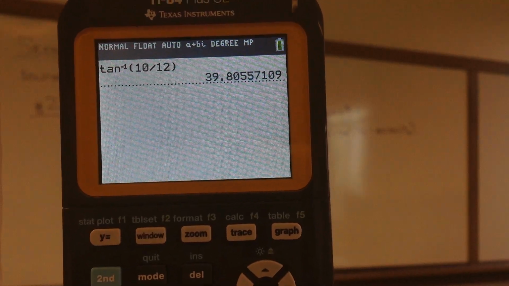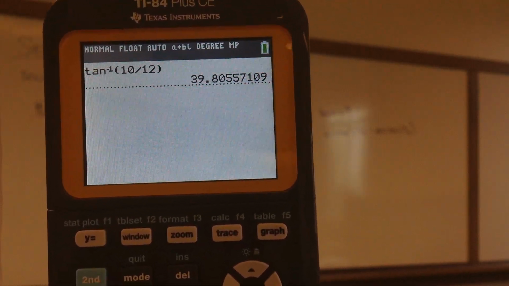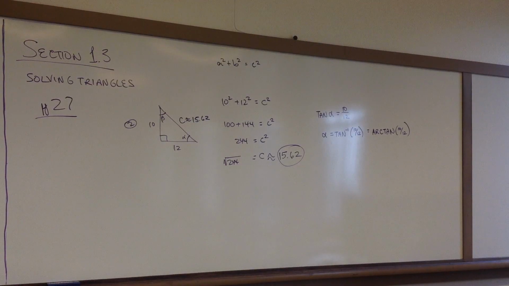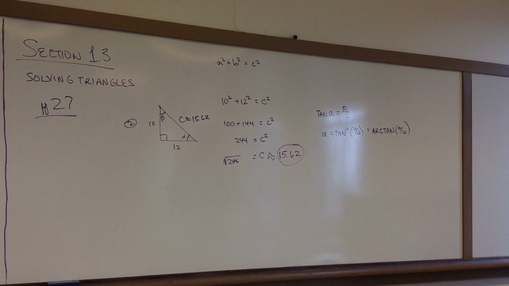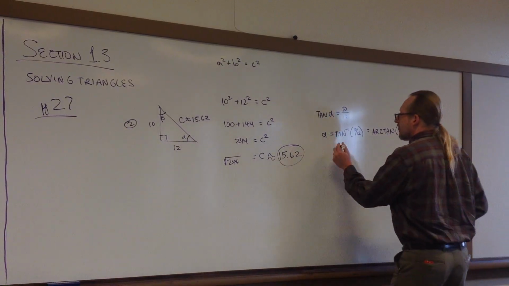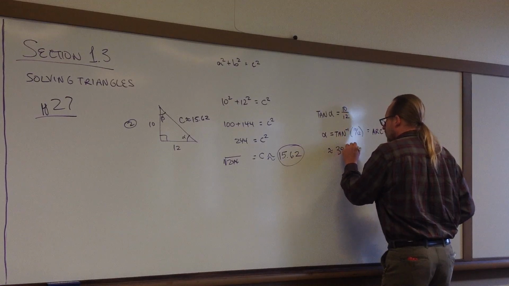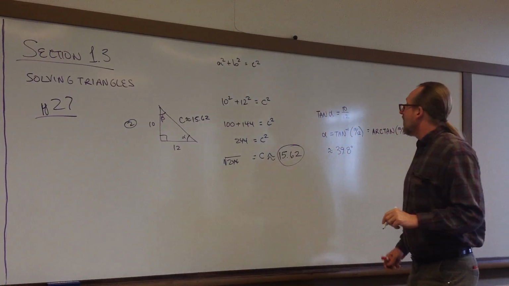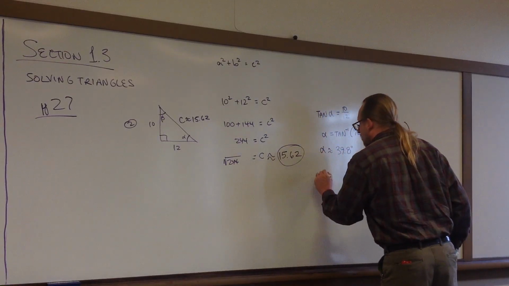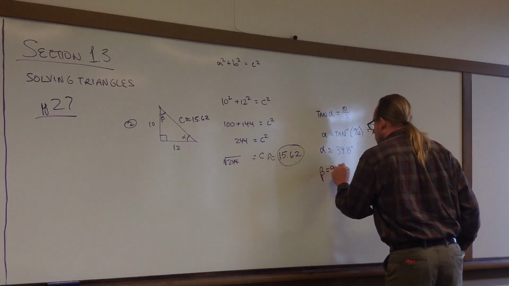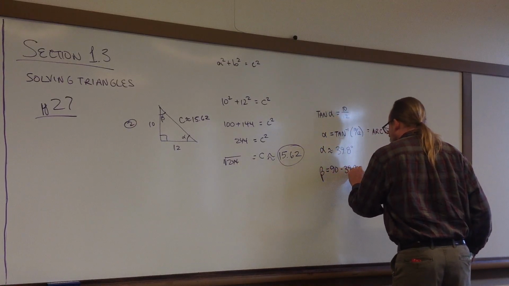And so there's our answer, 39.8 degrees, approximately. So that's alpha. And then beta will be 90 minus 39.8.